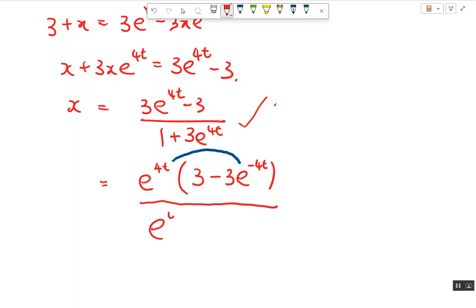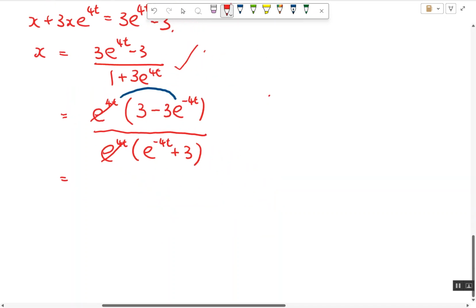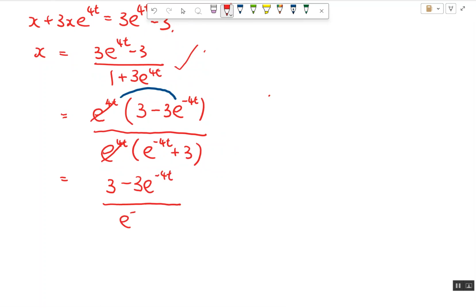Over, if I factorize out e^(4t) in the denominator, this will be e^(-4t) plus 3. And so you can cancel and cancel. Then you will get the answer in this form: (3 minus 3e^(-4t)) over (e^(-4t) plus 3). Why do they want you to do so? Because there are many questions at the end that ask what happens as t becomes large, or in the long run.